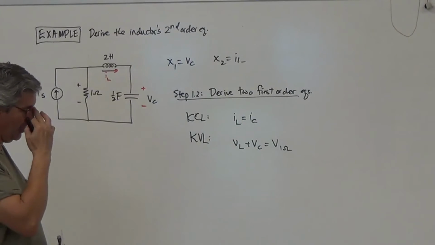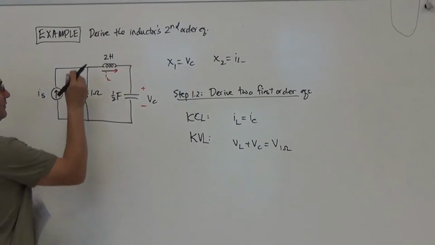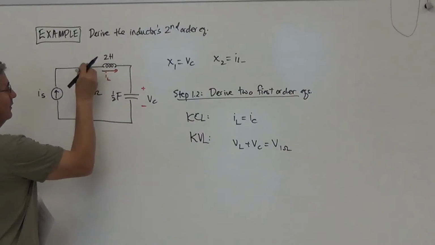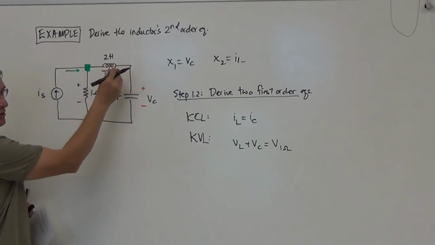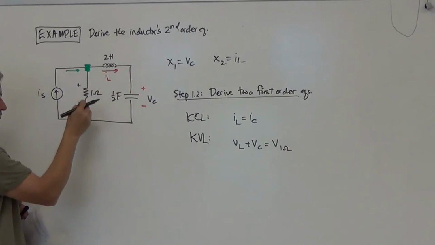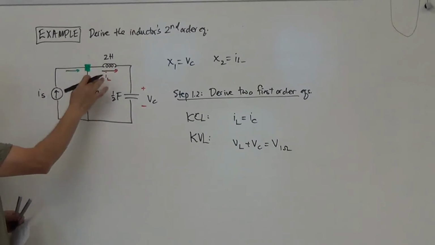I'm looking at this node right here. You can see that I have I source coming in, IL going out. So therefore the current through the 1 ohm resistor must be I source minus IL.